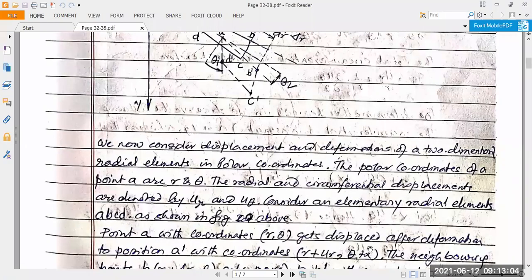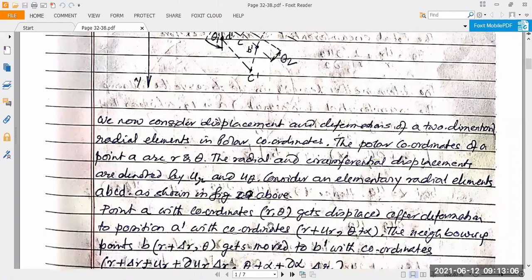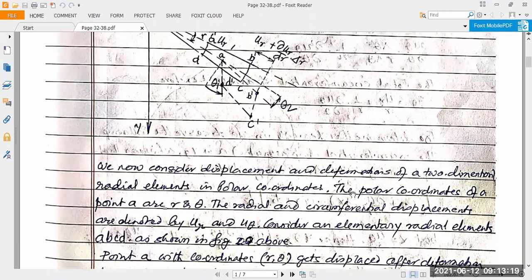Now let point A, we have seen just a moment before that it has coordinates r, theta, get displaced under deformation to A dash with coordinates r plus delta r, say under the action of external forces over the body itself. Now the point A got displaced to point A dash, this position.